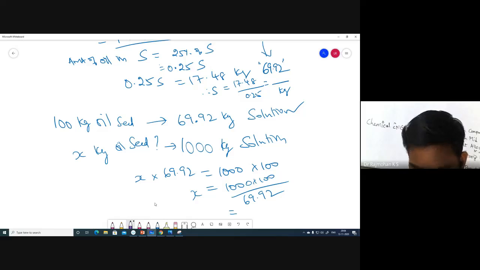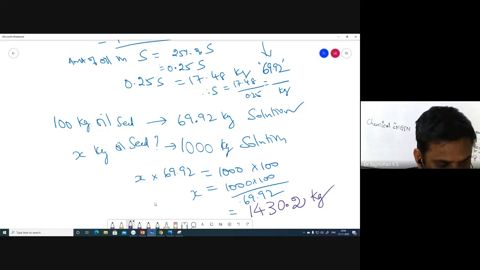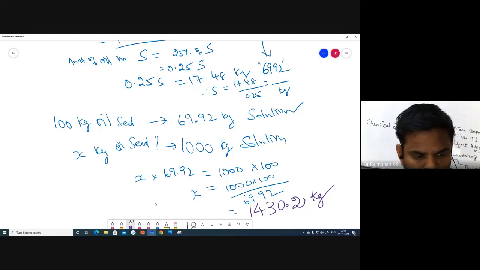So we get 1430.2 kg. That is the required answer.